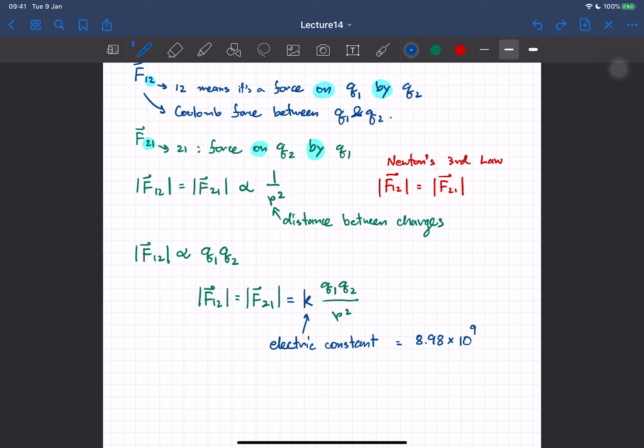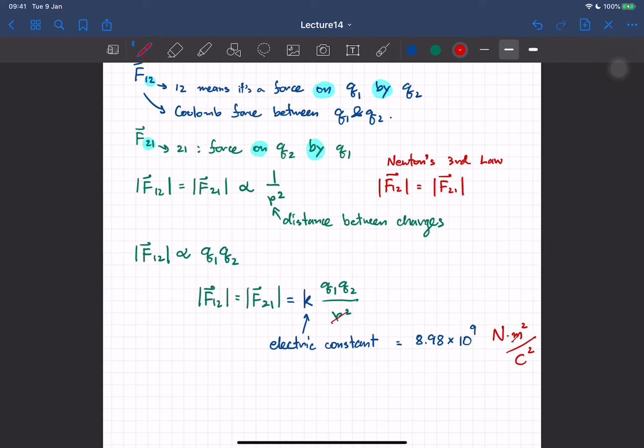So I urge you to confirm that the correct unit for the electric constant k is Newton meter squared per Coulomb squared. Okay, Newton meter squared per Coulomb squared. And you can see right away why that's the case. Coulomb squared cancels with Q1 and Q2.